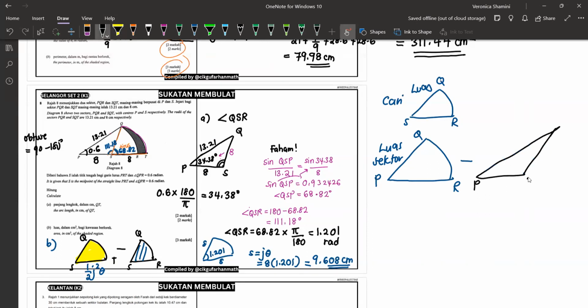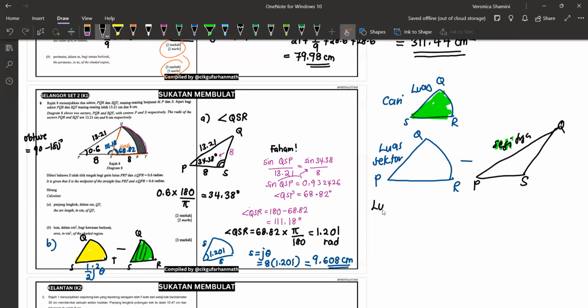Okay, here is P, here is S, here is Q. So when you tolak this, automatically you will get this part, betul tak? Alright, so you get this part. So this one kita buat jalan kerja macam ni. Tolak the segitiga here.